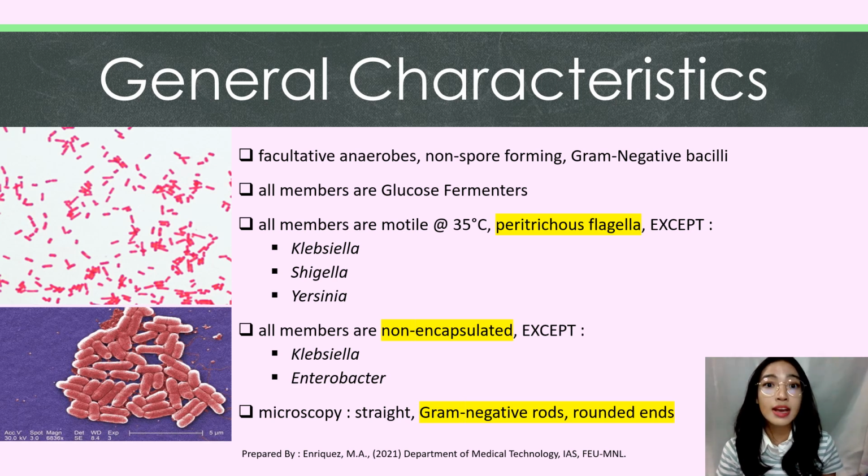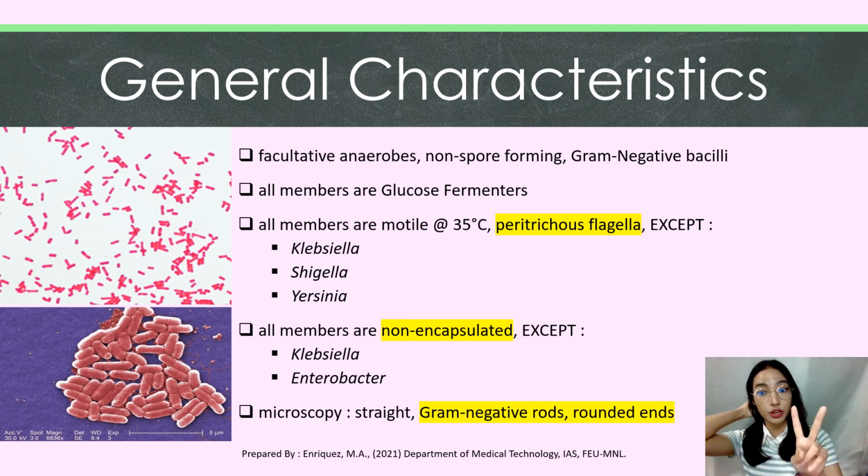Next, all enterobacteria are non-encapsulated except for 2, and that is Klebsiella and Enterobacter. Klebsiella and Enterobacter have capsules. And then under microscopic examination, after gram staining, all members of Enterobacteriaceae can be seen as straight, gram-negative rods with rounded ends.